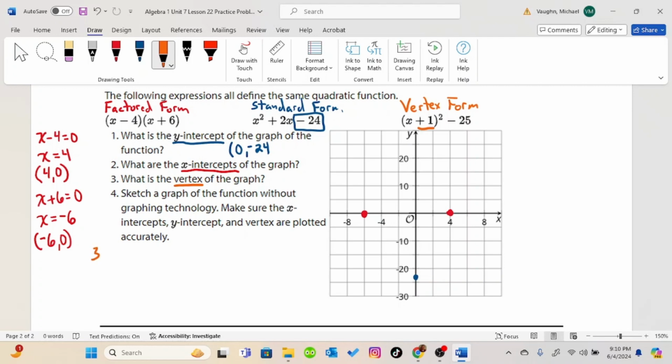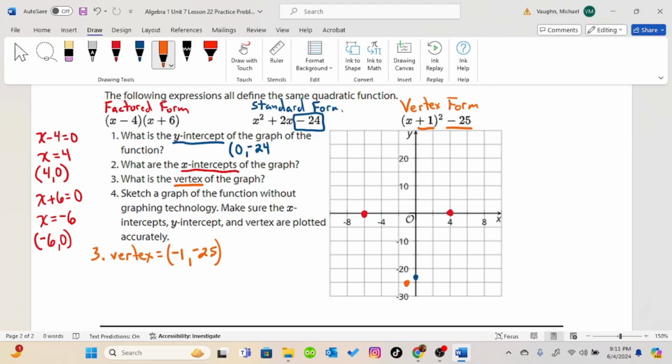So for number 3, my vertex is at negative 1, and I want exactly what is outside the parentheses for y, so that's negative 25. And I'm going to put a point at negative 1, negative 25, right here where this orange dot is.